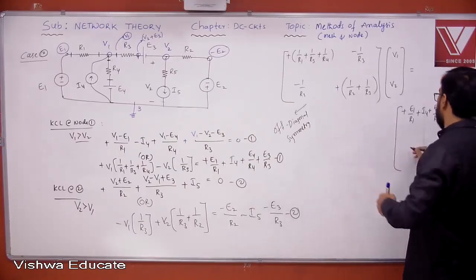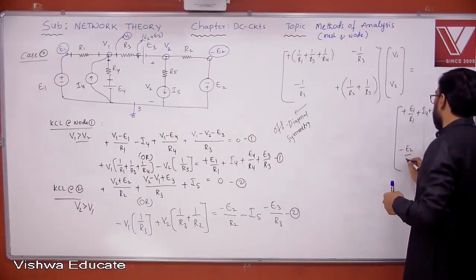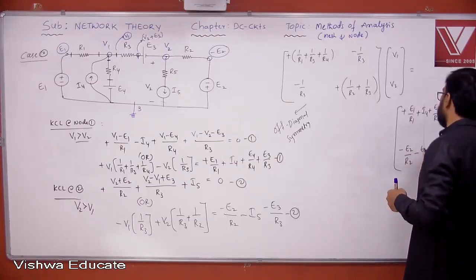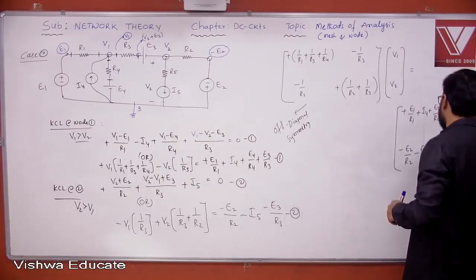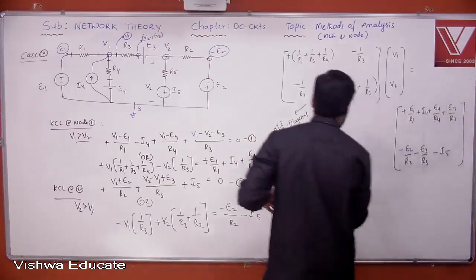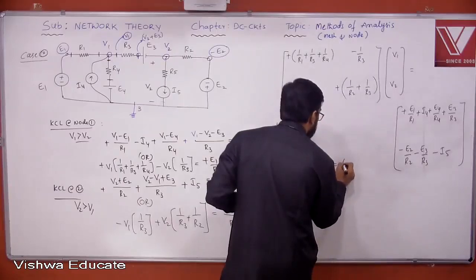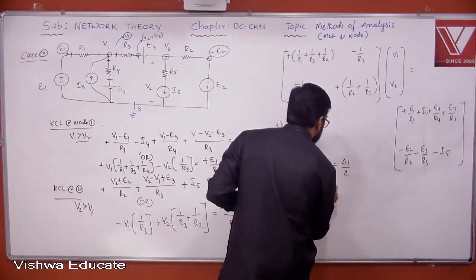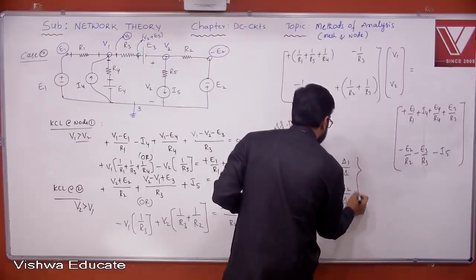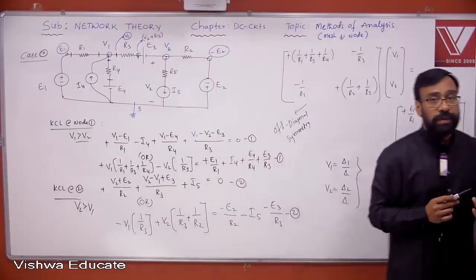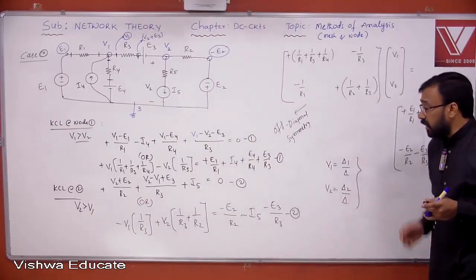Next, here, minus E2 by R2, minus E3 by R3, and leaving current I5, plus that side, but this side you are sending minus I5. That's it. Please note down, all of you: V1 is equal to delta 1 by delta and V2 is equal to delta 2 by delta. Okay. So quickly note down all these things.